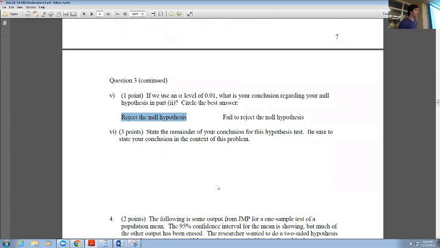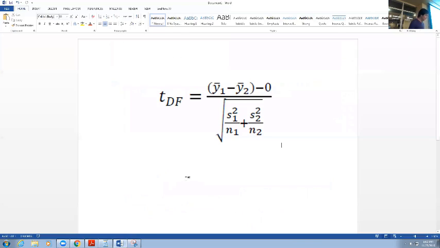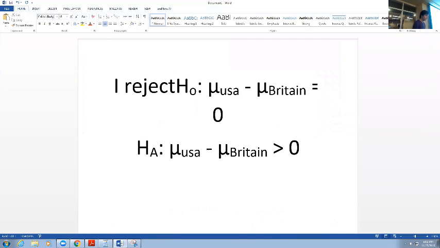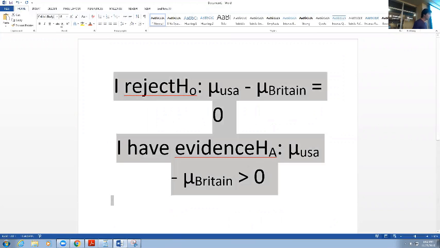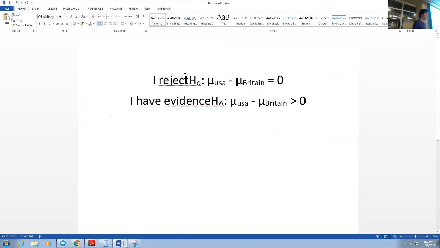So state the remainder of your conclusion. And here's the big thing. This is where people make mistakes. I'm going to read off my conclusion to you. When you reject the null, simply follow the following format.